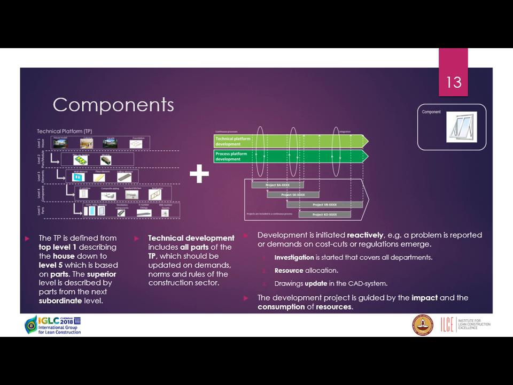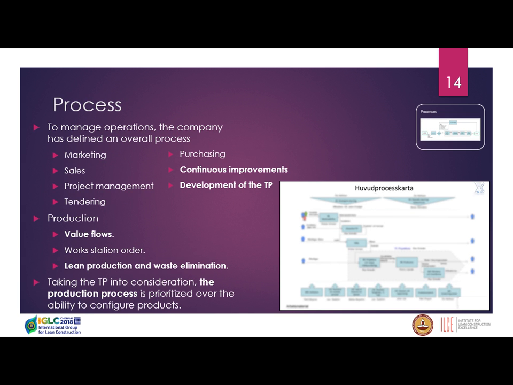However, development is initiated reactively, so that means that problems are reported and then they look into that and see how much consumption of resources and other things is needed to make development. The process is pretty well defined.